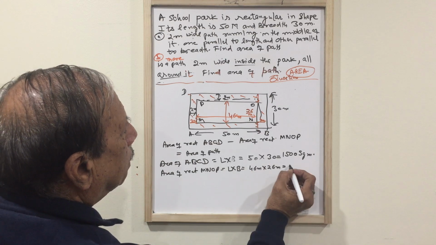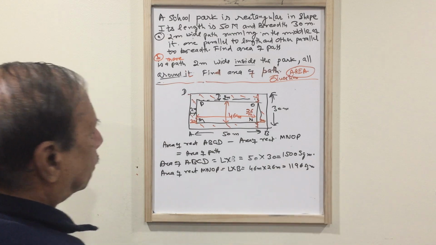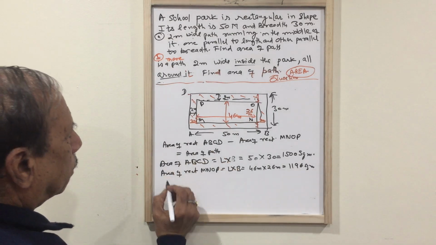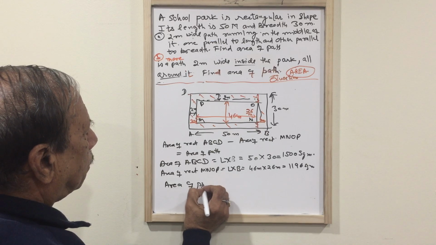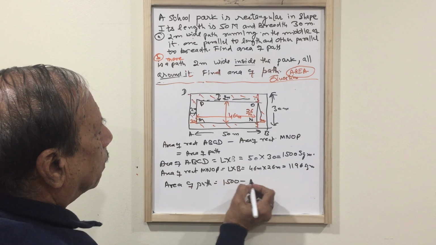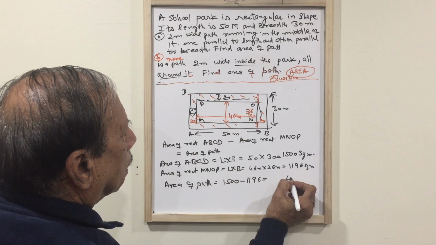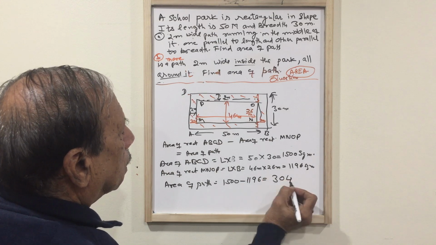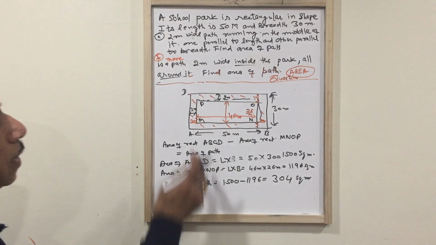If we multiply this, it comes to 1196 square meters. So the area of the path is equal to 1500 minus 1196, which is 304 square meters. So this is the area of the path.